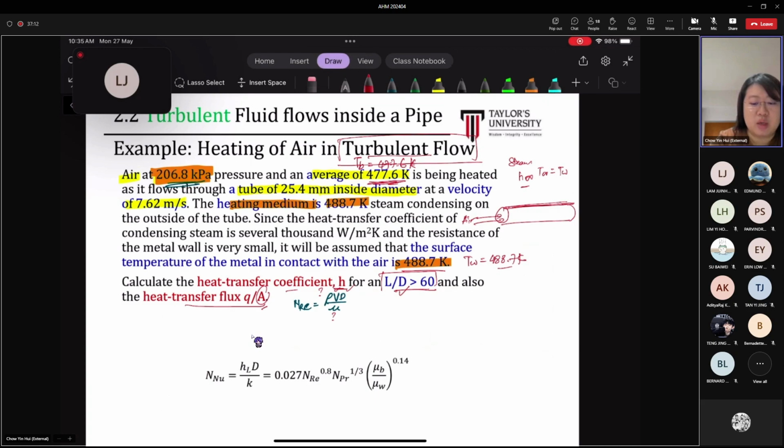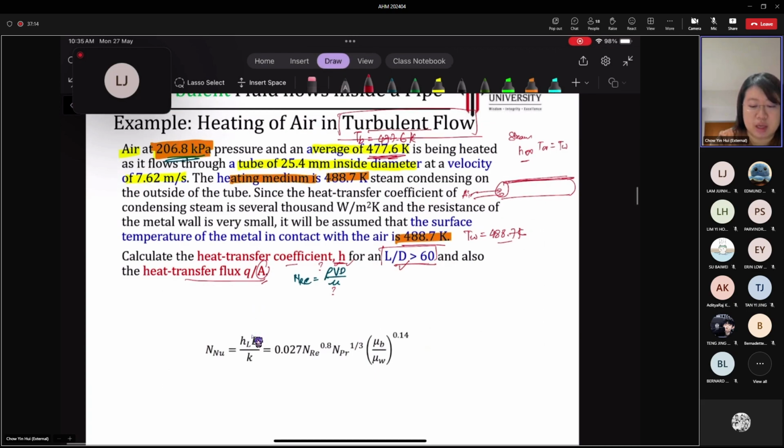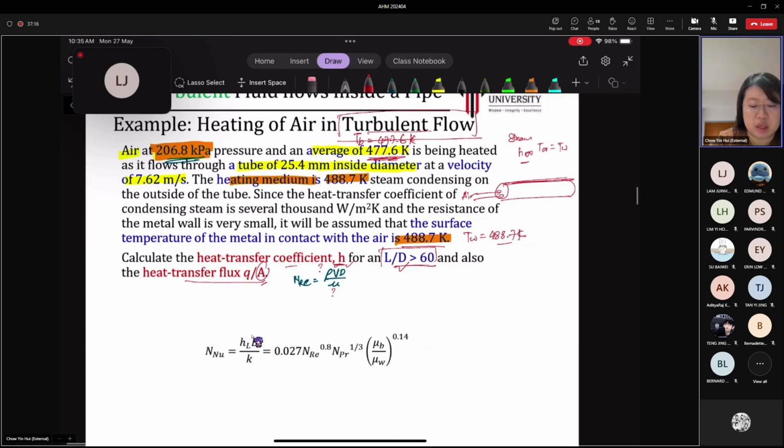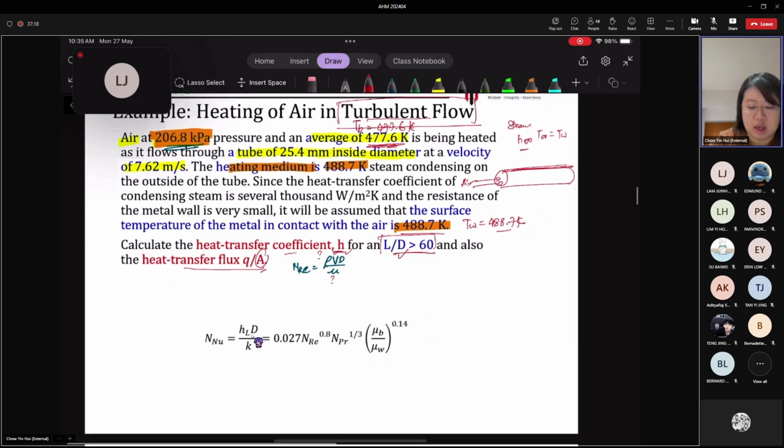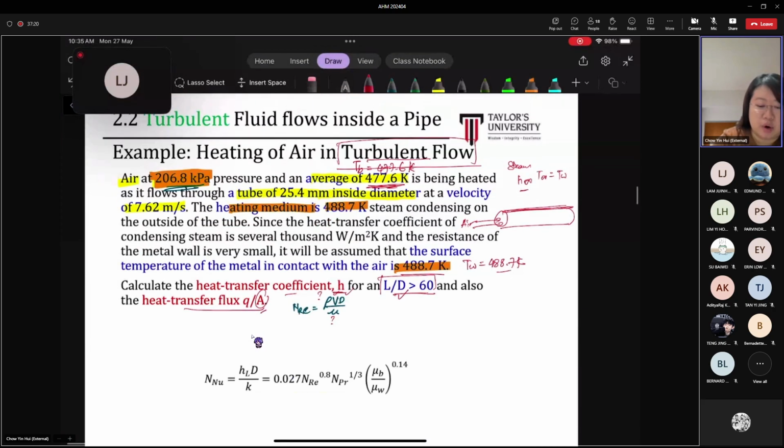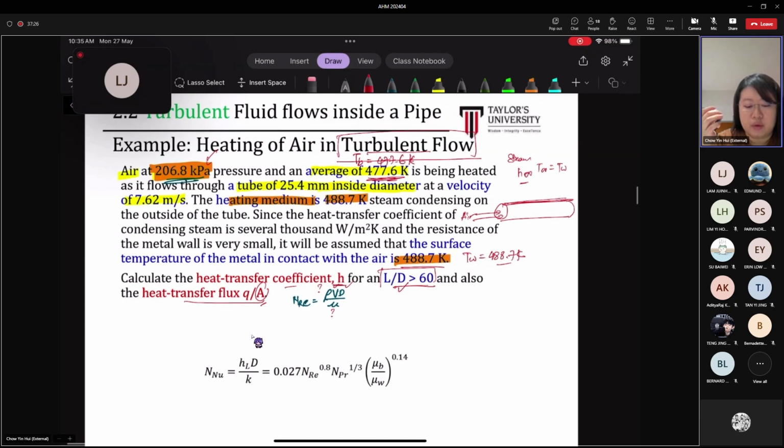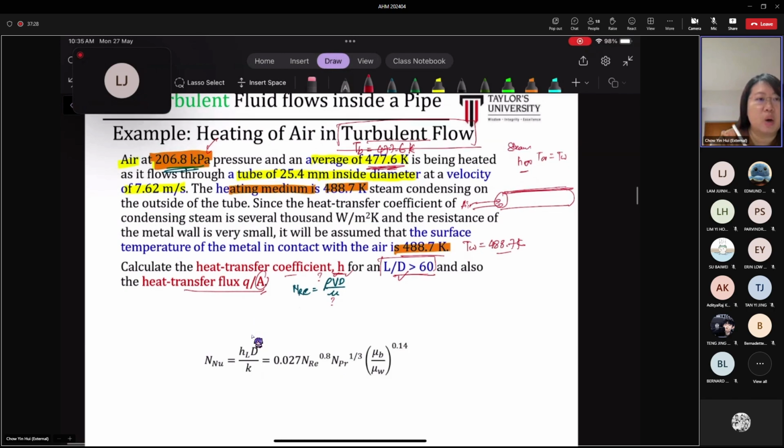So we'll have to do some conversion with the properties to obtain the properties of the air at this particular pressure. Theoretically, only density is affected by pressure, while viscosity has negligible effect. So how do we solve for density?